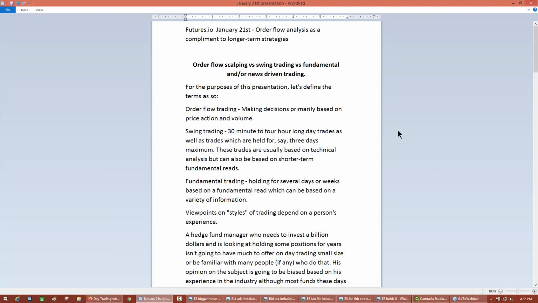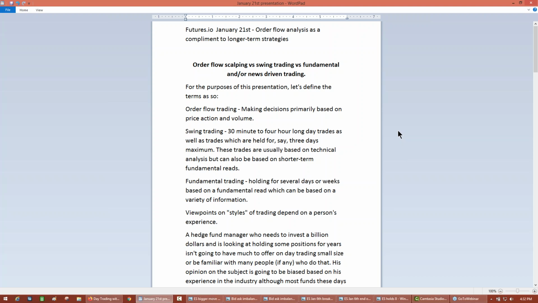What I thought I would do today in terms of topics, because I get this question a lot, is talk a little bit about how people who might use slightly longer term strategies, we're going to call them swing trades for the most part, can use the order book and volume analysis and price action analysis to possibly help themselves make some better decisions depending on the situation.